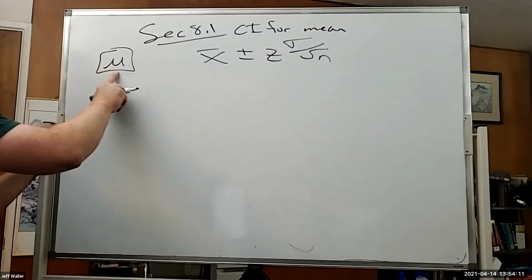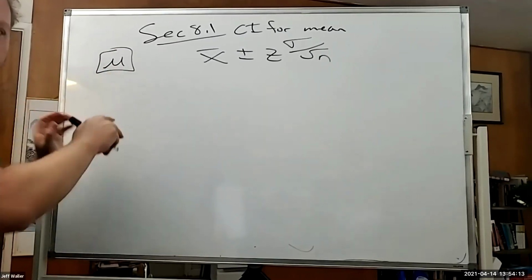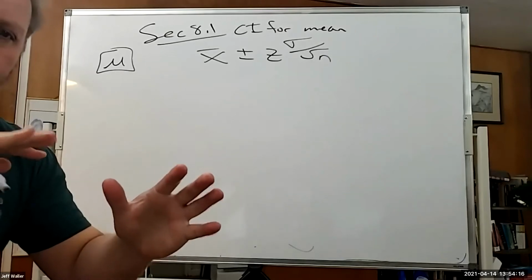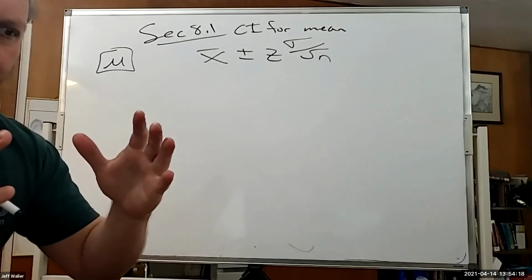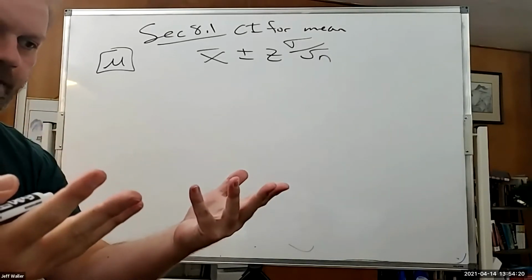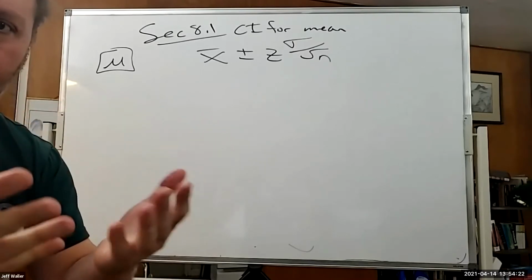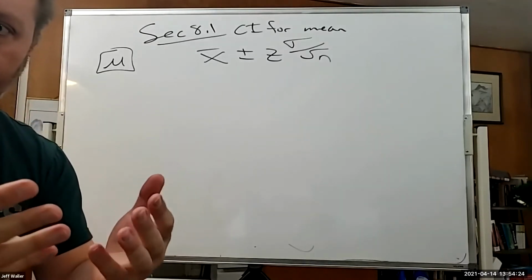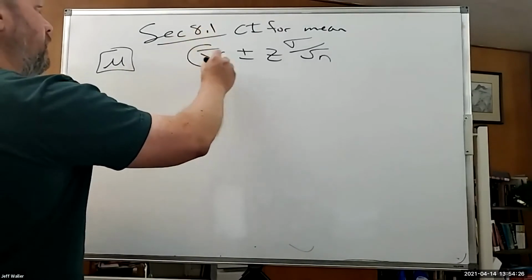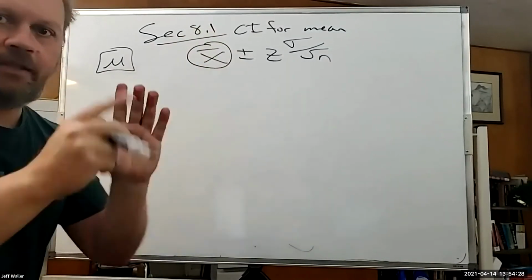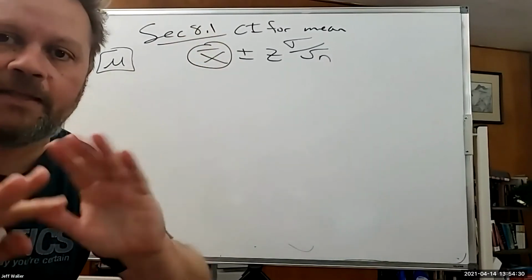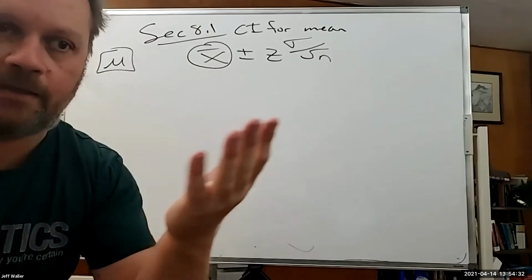We don't know this. So chapter 8 is kind of like our first attempt at estimating what mu is, right? So I get a sample mean, which is itself an estimate for the real mean. Is that cool?